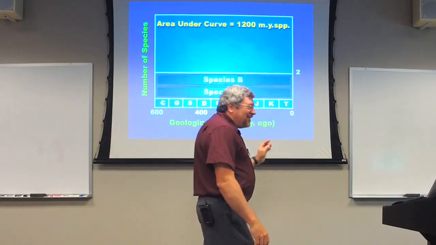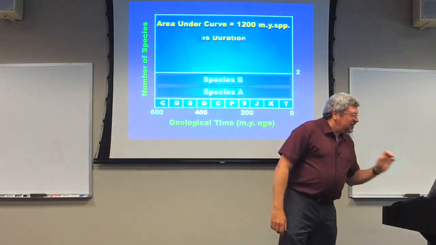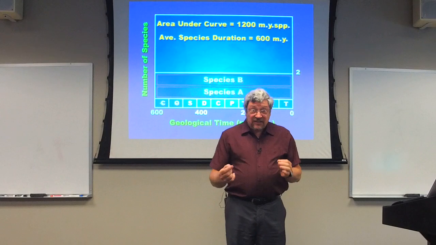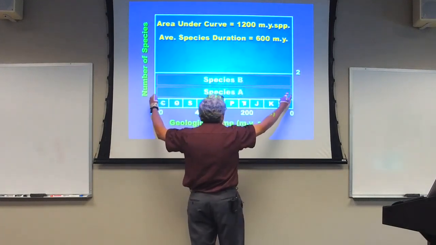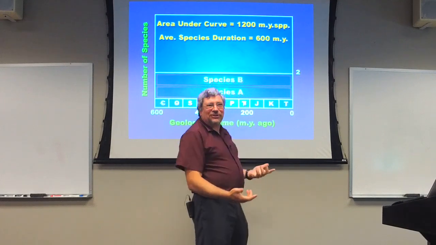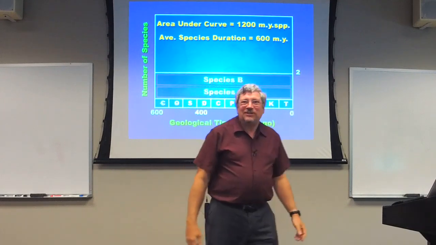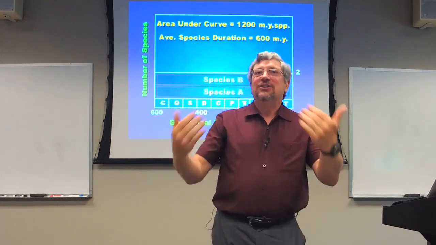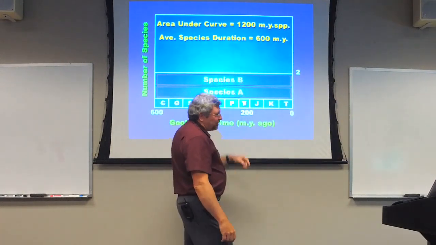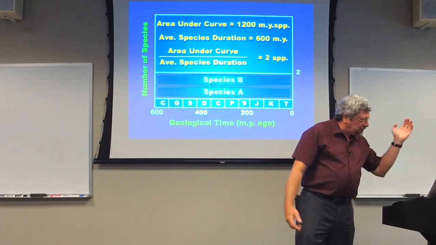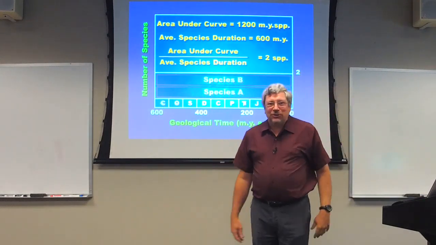And then we would divide by the average species duration. The average species duration is 600 million years. This species has a species duration of 600 million years. The other one has a species duration of 600 million years. So if you divide the area under the curve by 600 million years, you get 2, which is the right answer. You get two species.